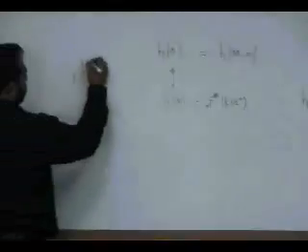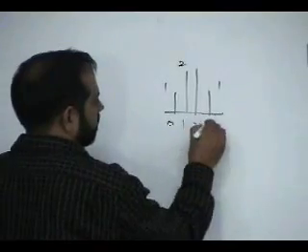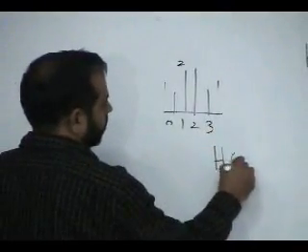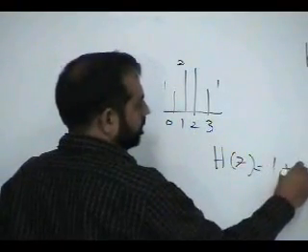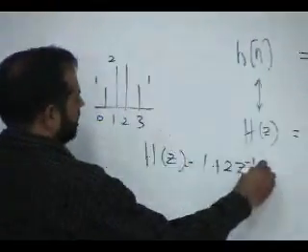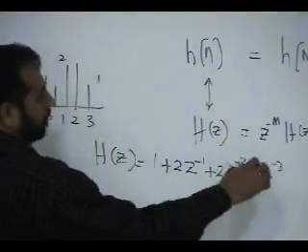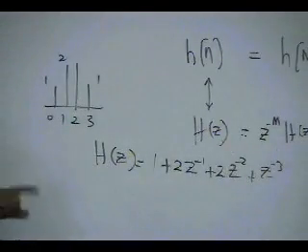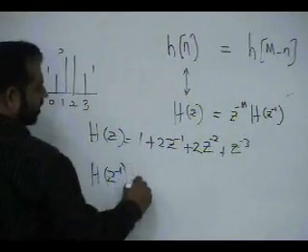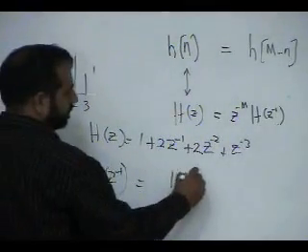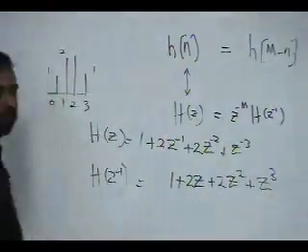Let's say this is your filter, 1, 2 and 1. Okay, what is the Z transform of this? 1 plus 2Z inverse plus 2Z minus 2 plus... Now do this, replace h of Z by Z inverse. If you do that, what is h of Z inverse? 1 plus 2Z plus 2Z square plus Z cube, right?